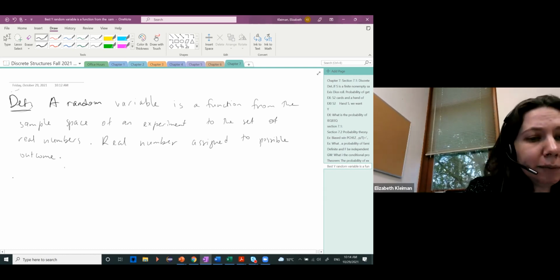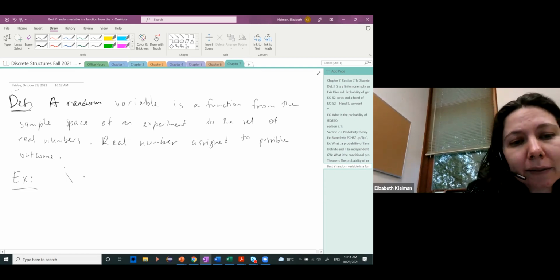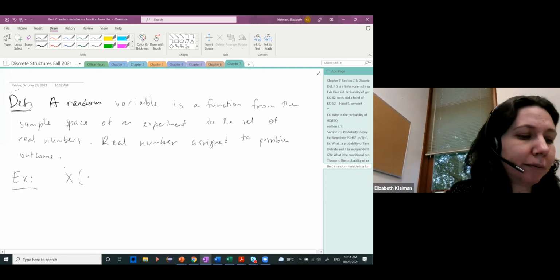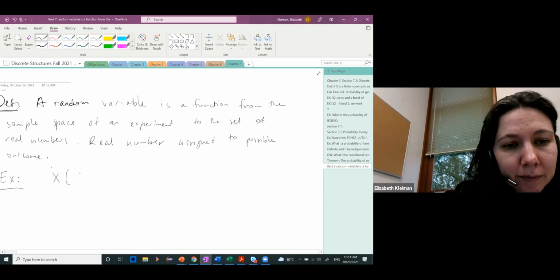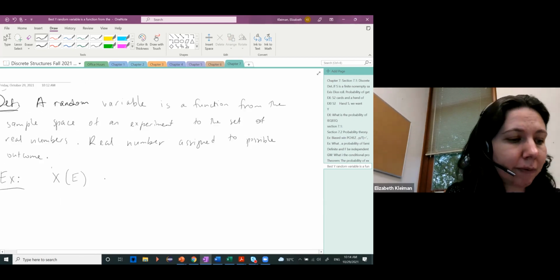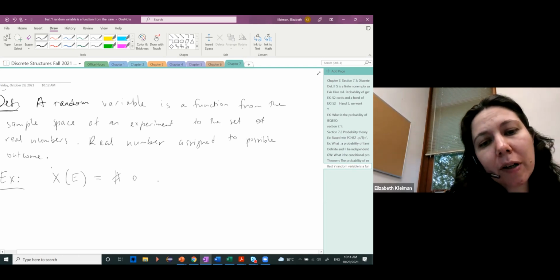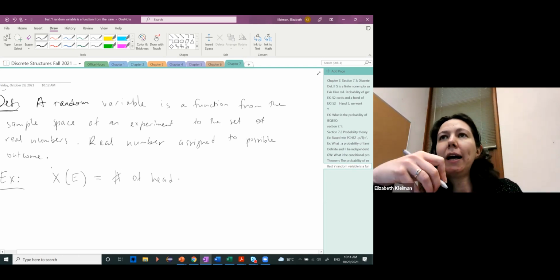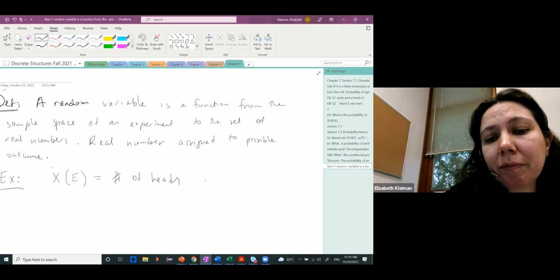So here is an example. My random variable X is going to be the number of heads when I flip a coin, for example, 3 times.